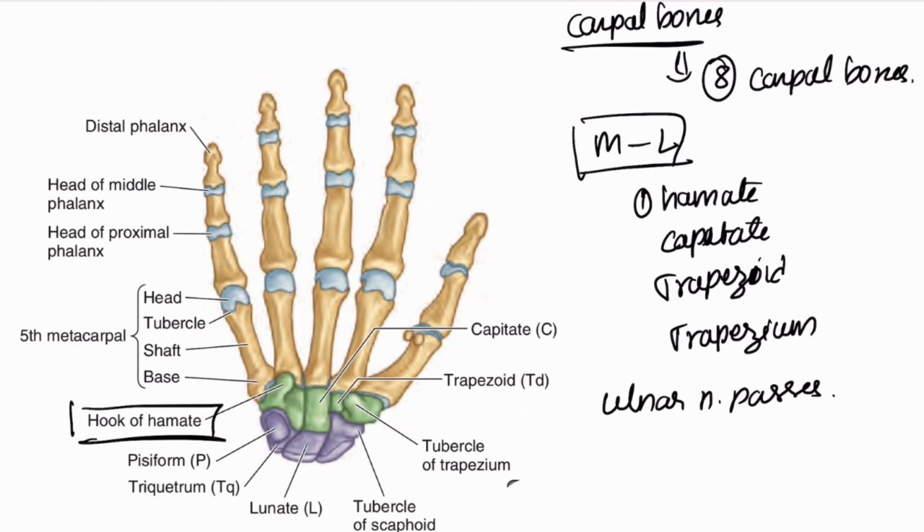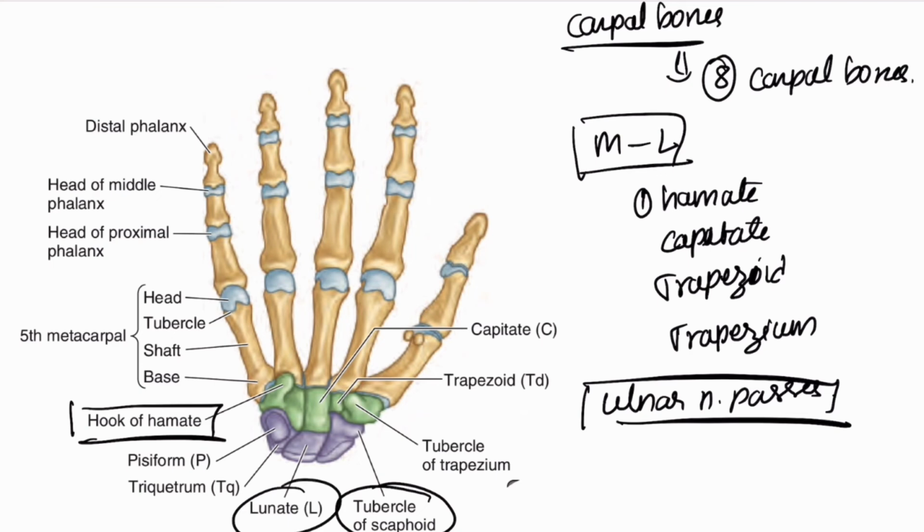The ulnar nerve passes through the hook of the hamate, and the scaphoid and the lunate articulate with the radius. The scaphoid and the lunate articulate with the radius to form the radiocarpal joint.